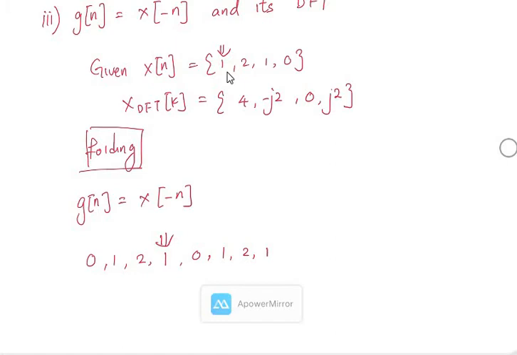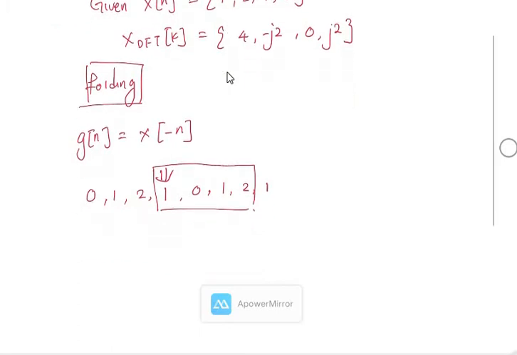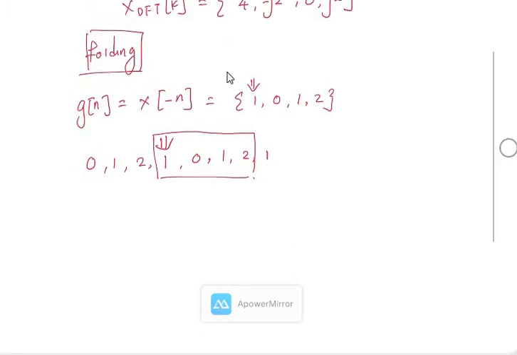So for n equal to 4, I will just take 4 samples. So the answer is 1, 0, 1, 2, and the origin is always at the first place. And then for the DFT of g, it equals X(-k).